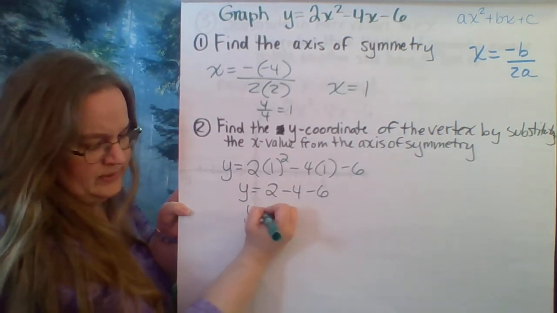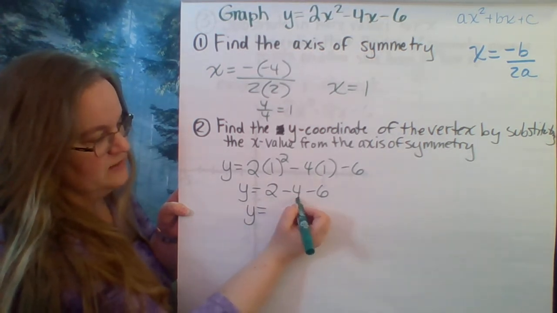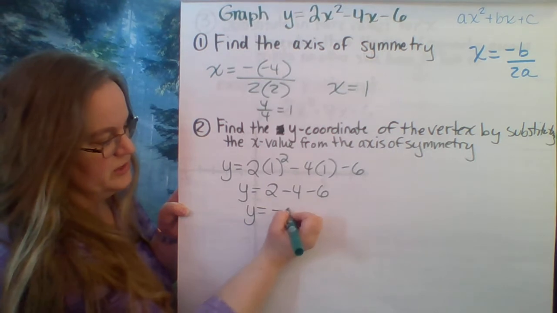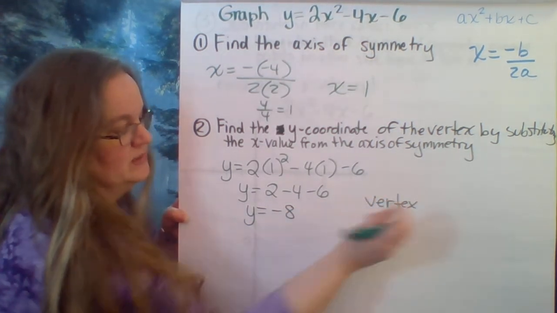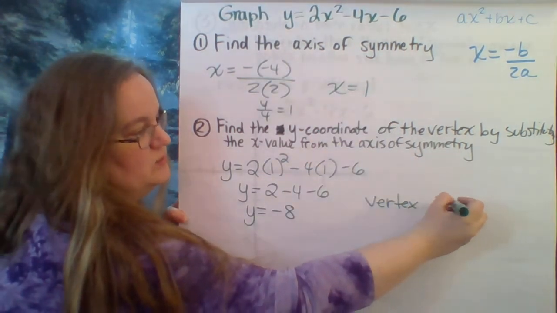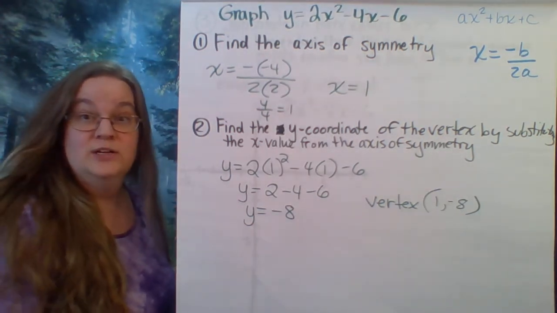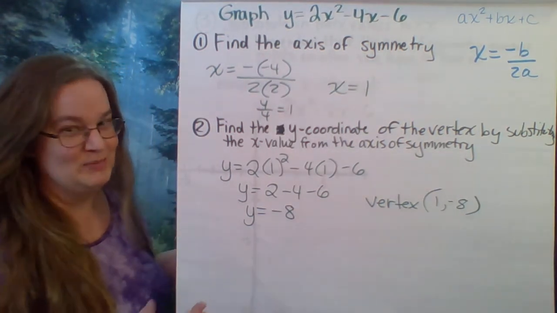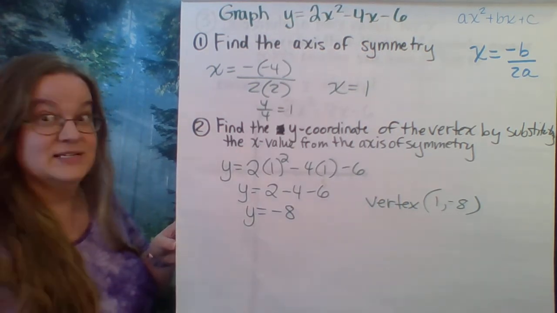So y is going to come out to 2 minus 4, which is -2, minus 6 more is -8. So that means my vertex, the first number representing the x-coordinate and the second the y-coordinate, is (1, -8). So I have my first point, which is a really important one for my parabola.